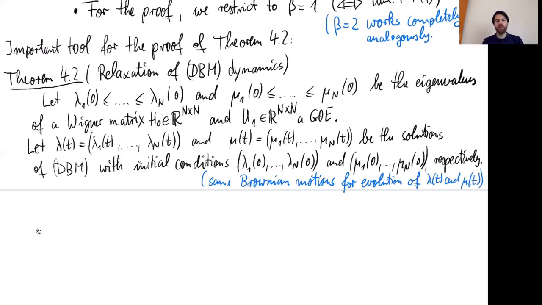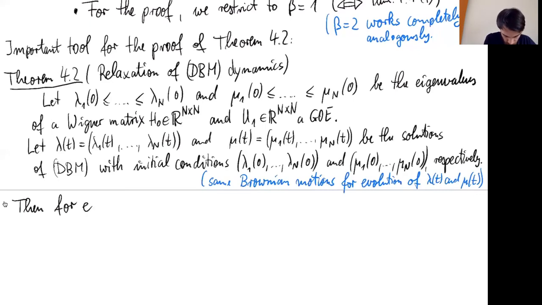Okay, and that gives a very nice coupling between these two solutions, and that will allow us to get the following result, namely that they converge somewhat fast to each other.